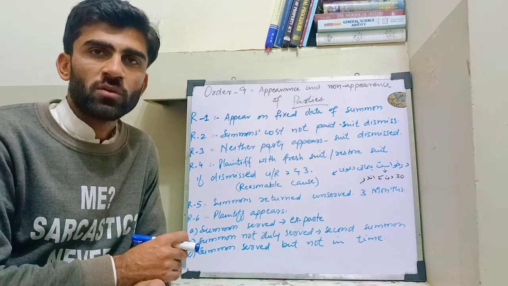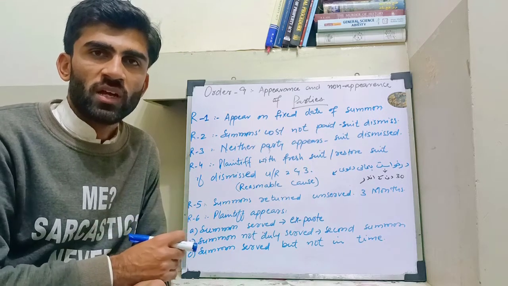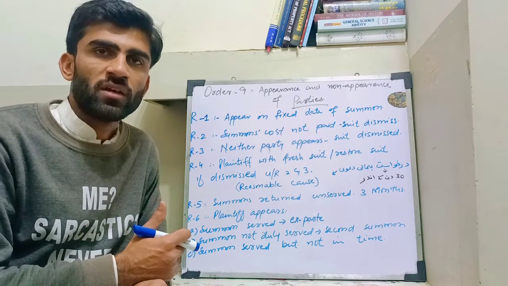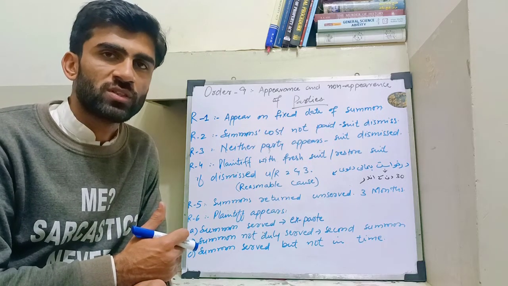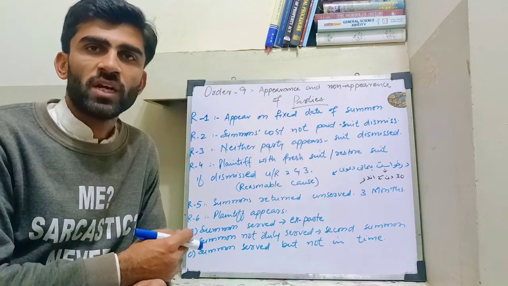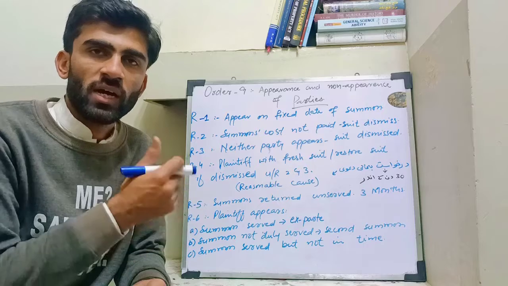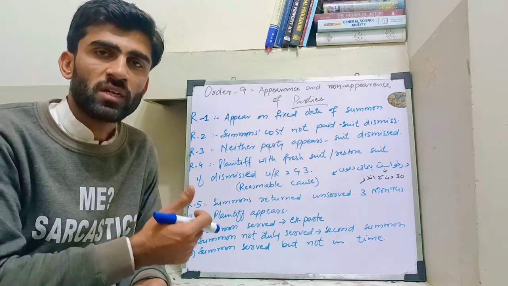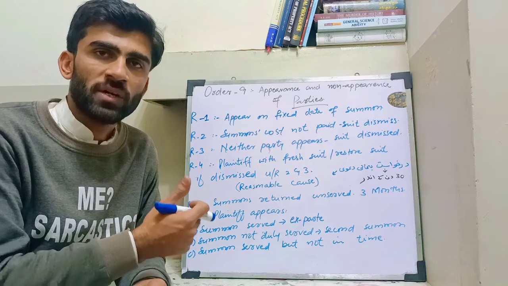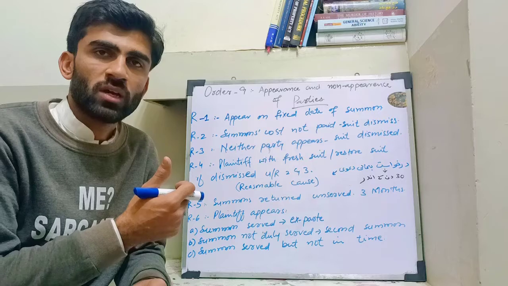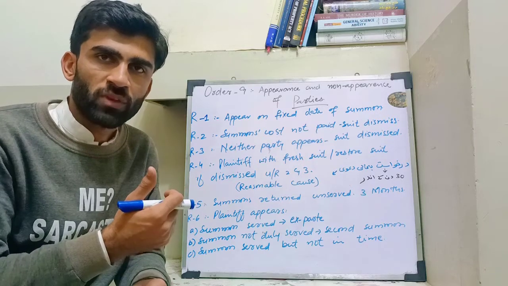The process server went to the defendant's address. One of his relatives or neighbors told him that he has gone outside the city for a week. If he is not returning after a week and the process server comes again, his neighbor says that he will come after 2 weeks. The process server comes again, and again the defendant is not home, and the date mentioned on the summons has passed.